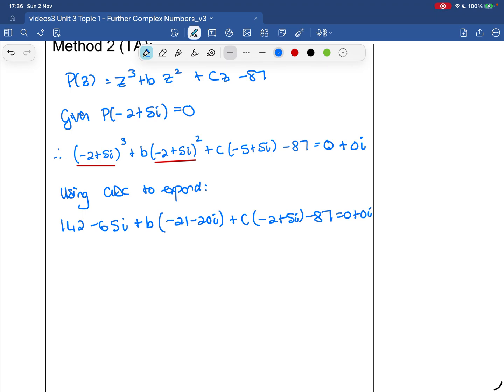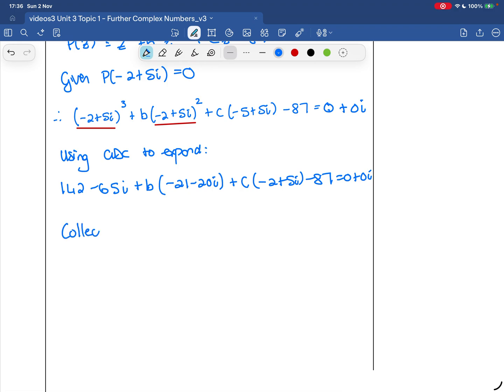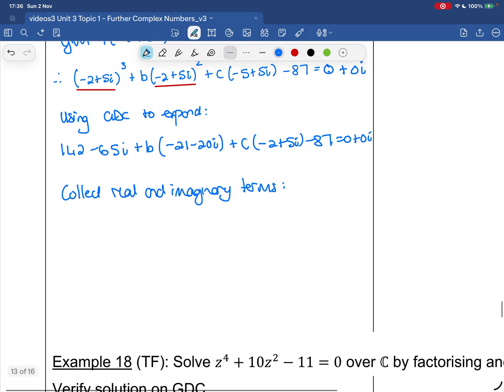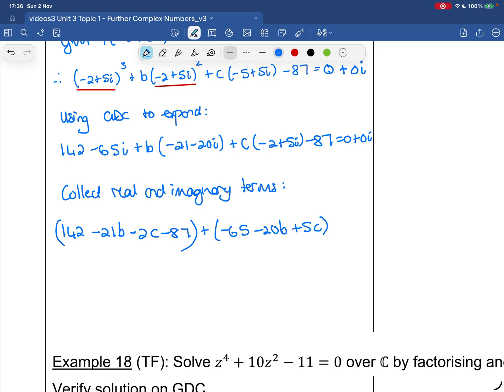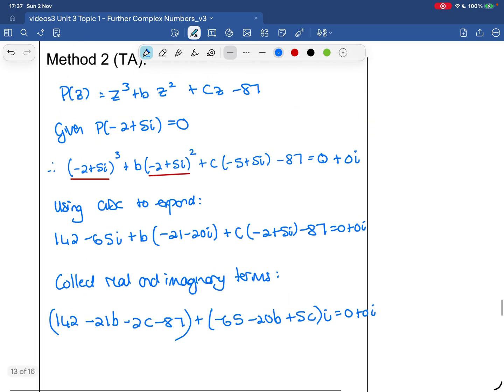Okay, now I'm going to collect all my real and imaginary terms, so that I have 142 minus 21b minus 2c minus 87, plus (negative 65 minus 20b plus 5c) i is 0 plus 0i. And now I can equate my real and imaginary components.